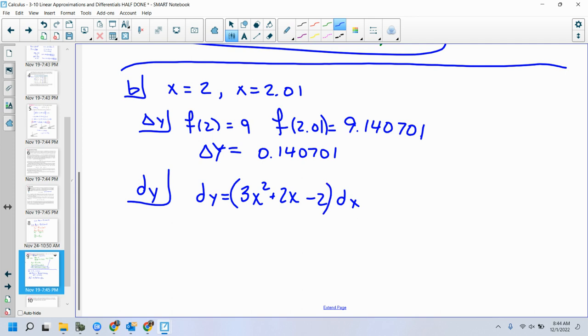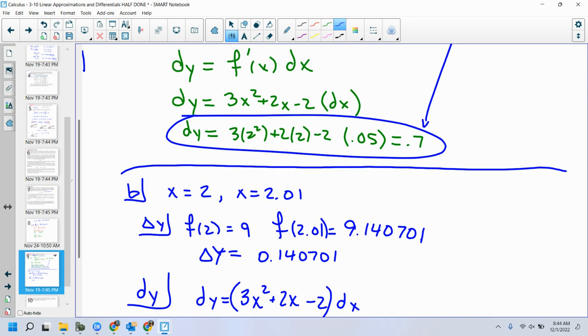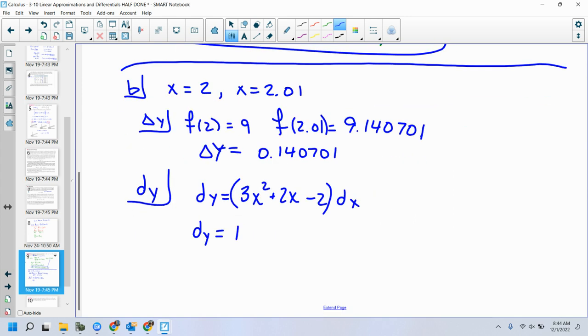Okay, let's plug in 2. The easier one to plug in. Now, when I go to plug in 2, aren't I going to get the exact same thing that I had? Right? This is still the same value. 3 times 4 is 12, plus 4 is 16, minus 2 is 14, right? 14 times dx.